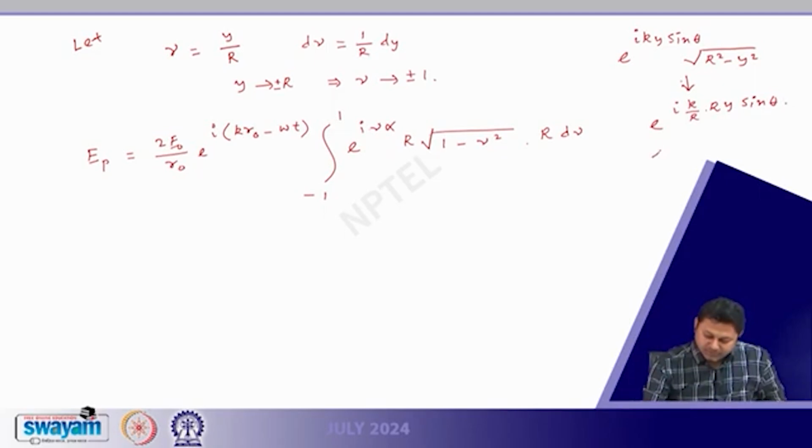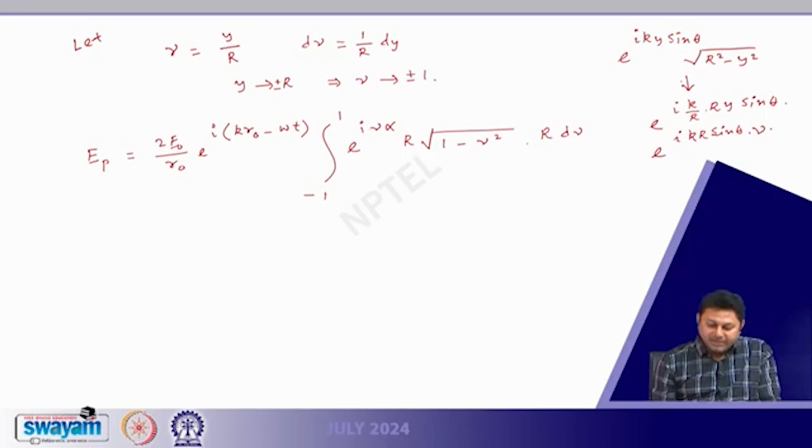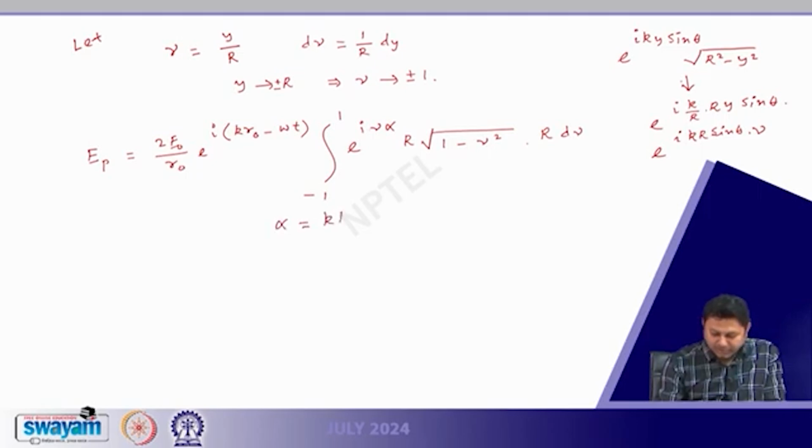So, then it should be e to the power of I k r sin theta multiplied by nu. Okay. So, that means alpha here is k r sin theta. So, alpha is k multiplied by r sin theta, that is my alpha.